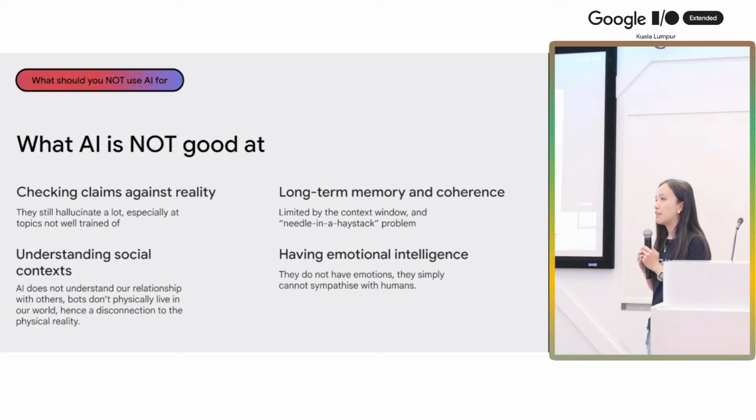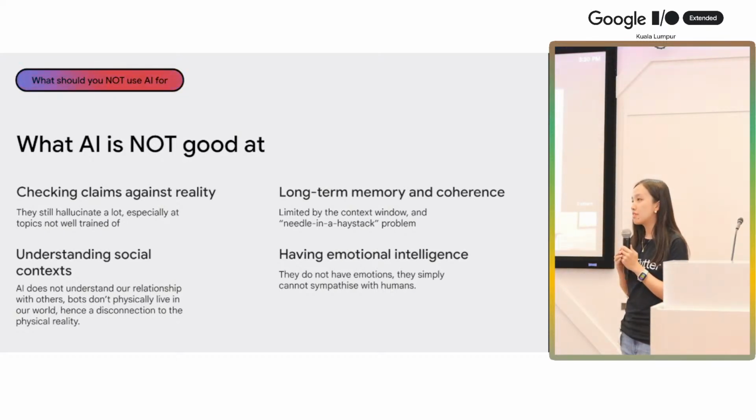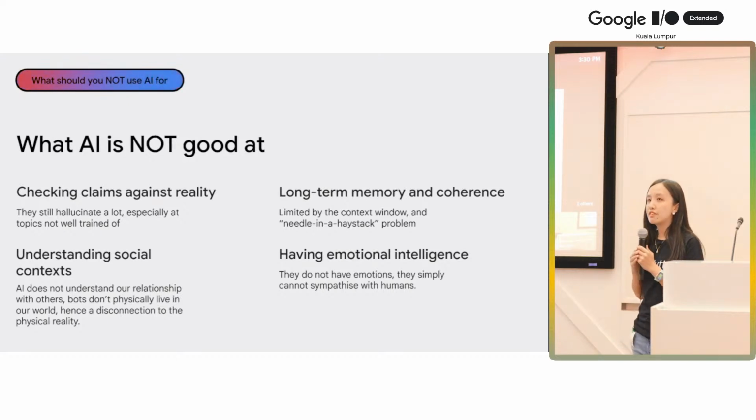Even though we now have the 2 million context window, it still suffers from a problem called needle in a haystack. If you have a very long article and you ask something that is hidden in the middle of the article, it might be difficult for it to answer because there are so many things that distract it.